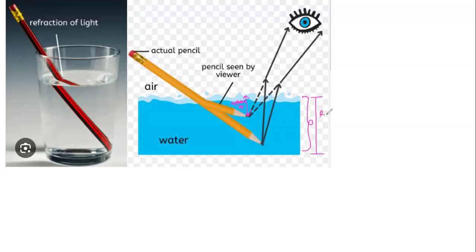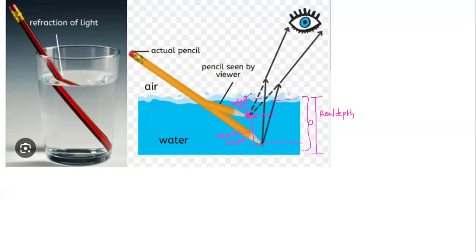This first one is called the real depth. Then the next one, from the pencil up to the top, is what we call the apparent depth. Then the distance from this point up to here down is what we call the apparent displacement. So these are the three words we are going to be using in this lesson. Real depth is the distance from where the object is up to the top.